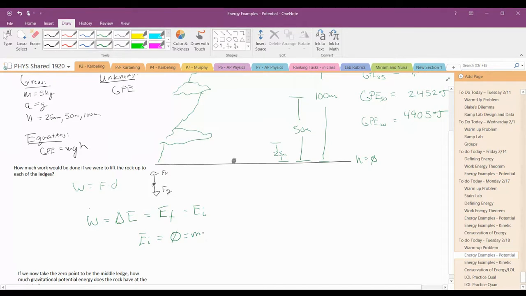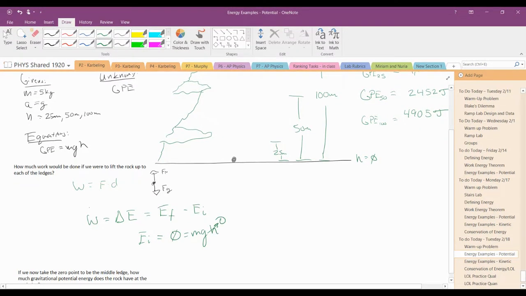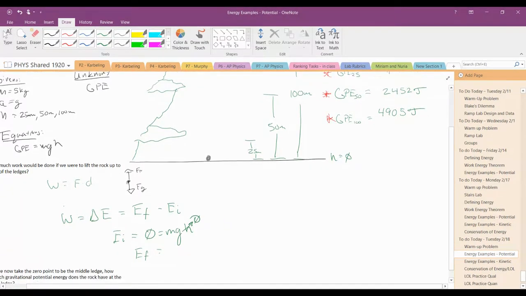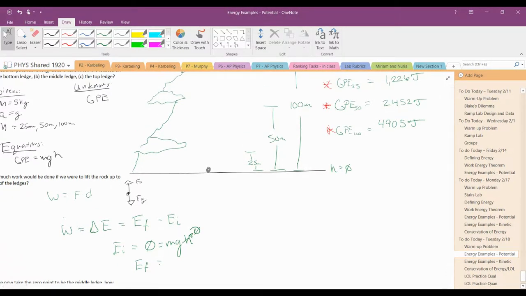Because it's mass, times acceleration due to gravity, times a height of 0. Okay, and our final energy is really just what we've calculated already. These up here. Final gravitational potential energy.